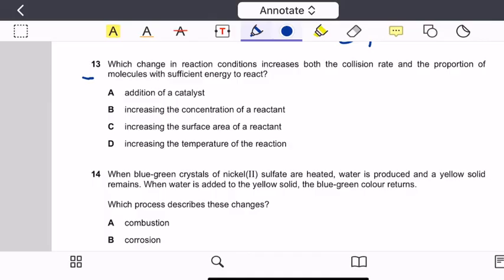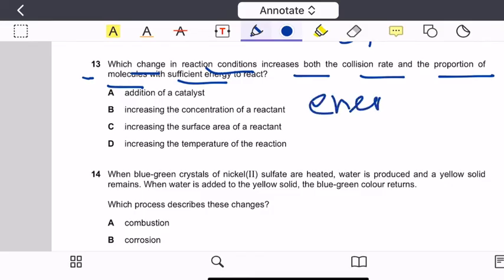Question number 13. Which change in reaction condition increases both collision rate and proportion of molecules with sufficient energy to react? Energy, when you listen about energy, it means temperature is increased. So correct option will be increasing the temperature of the reaction.